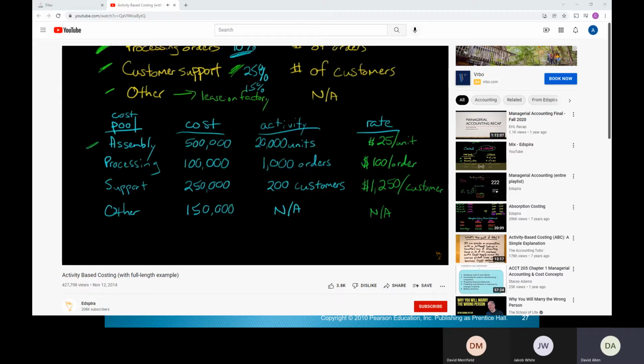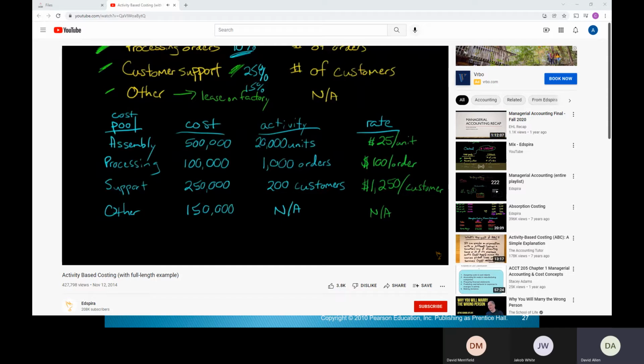We've got some assembly going on here, we've got processing the orders, we've got some customer support. And we don't want to just take one rate for the whole plant and say that tells us about overhead. We've got 3 different rates here, so it's going to allow us to be more precise when we're pinning down, of that $1 million in that overhead bucket, what applies to tents and what applies to our hiking packs.